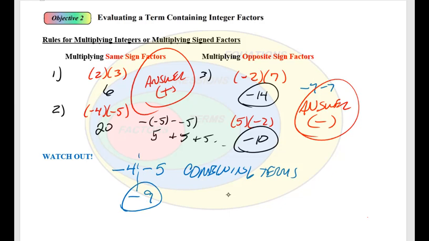But if they're factors, negative 4 times negative 5, now I'm multiplying factors. The answer to this will always be positive, in this case 20. So you just have to be careful with negative terms and negative factors. Make sure you use your composition to identify before you calculate.